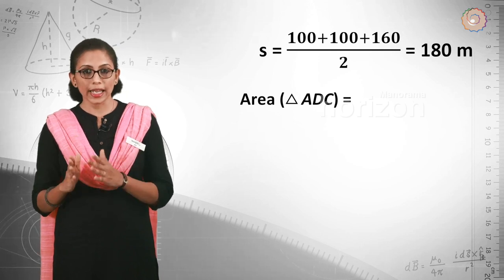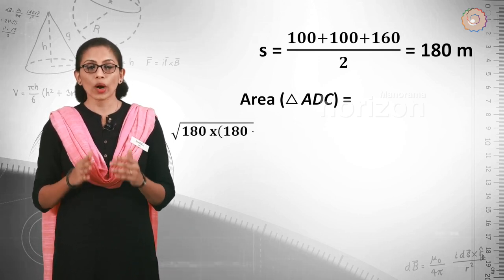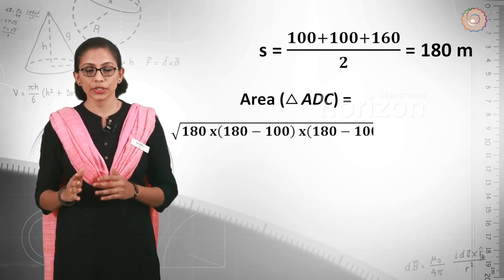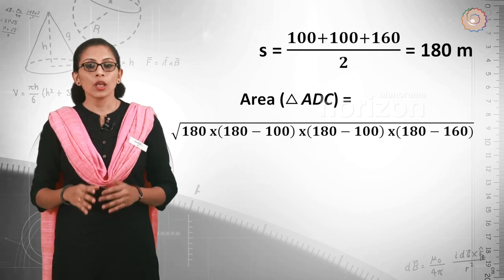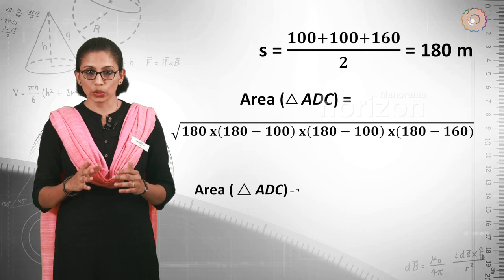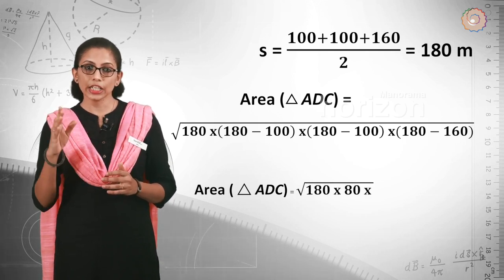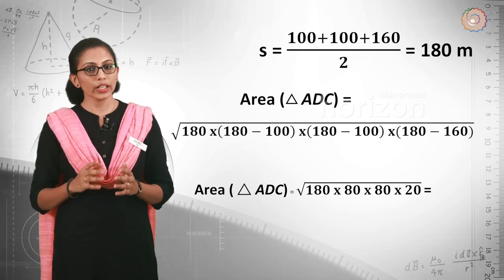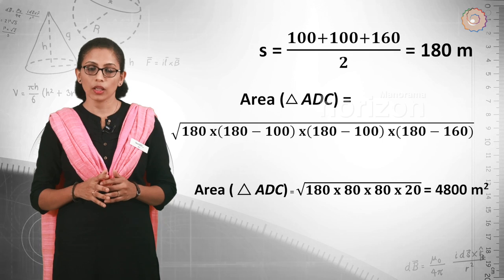Now substitute the values in the equation. Area of the triangle ADC is equal to the square root of 180 into (180 minus 100) into (180 minus 100) into (180 minus 160). So we get the area of triangle ADC is equal to the square root of 180 into 80 into 80 into 20, and on solving we get it as 4800 meter square.